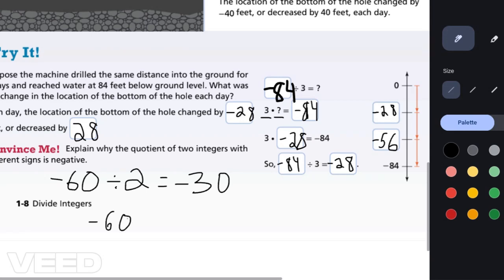So as you know, dividing by 2 is the same as multiplying by a half. This will give us negative 30. And since we know that when we multiply a negative and a positive, we get a negative, in the same way, dividing by a positive is also similar to multiplying by a positive.